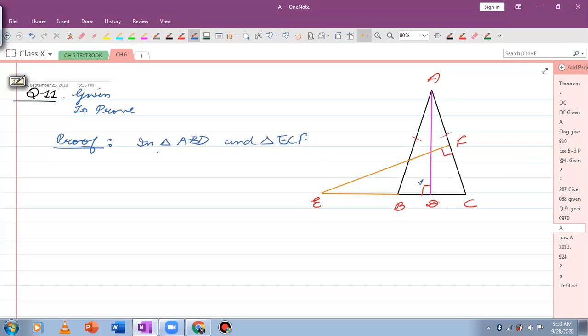I'm just going to mark them with numbers so that it's easier. And this is the second pair that I will be using. Angle 1 is equal to angle 2, each 90 degrees, and angle 3 is equal to angle 4.